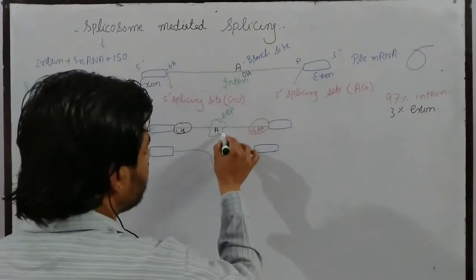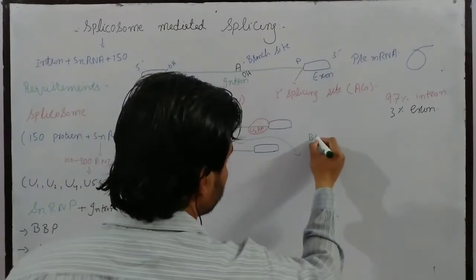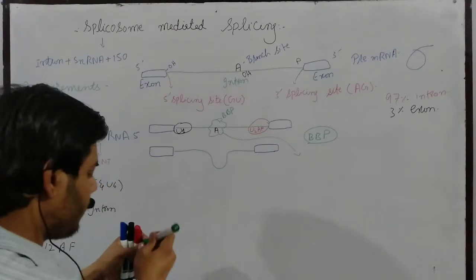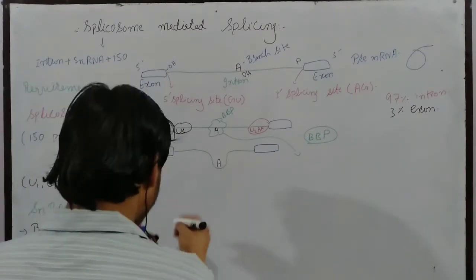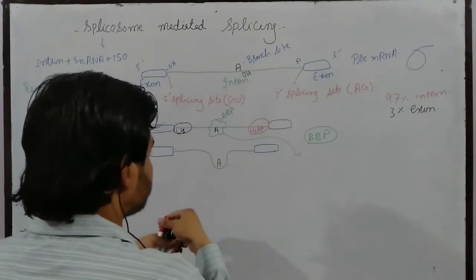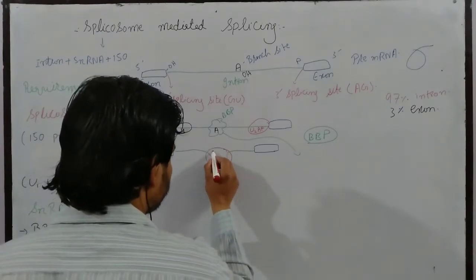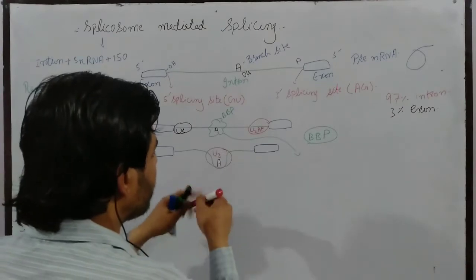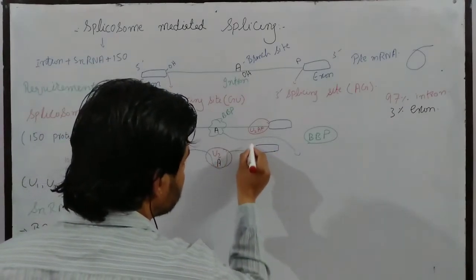So this BBP is released, okay, and then U2 will bind here and make a bulge-like structure, as you can see. Let's suppose this is the U2 protein, and due to this bulge-like structure made by U2, it will also release this U2AF.